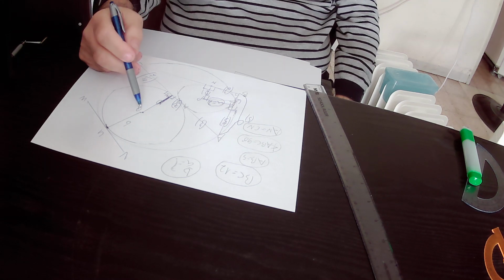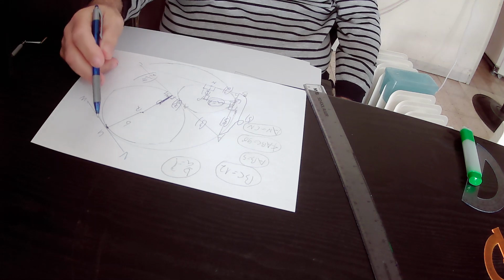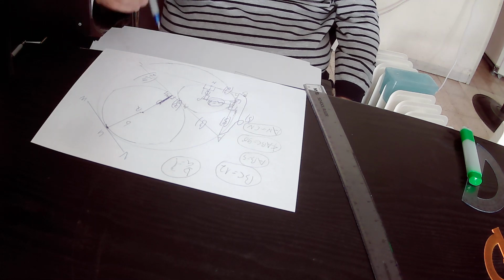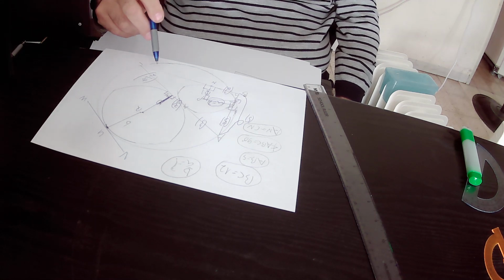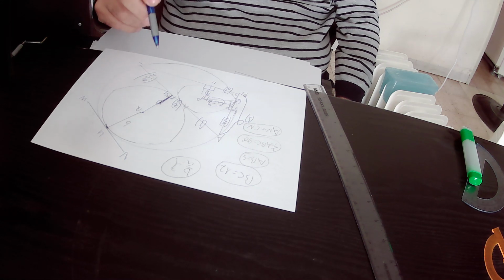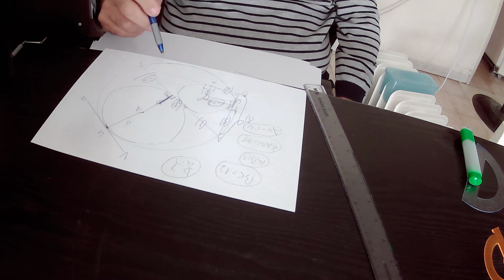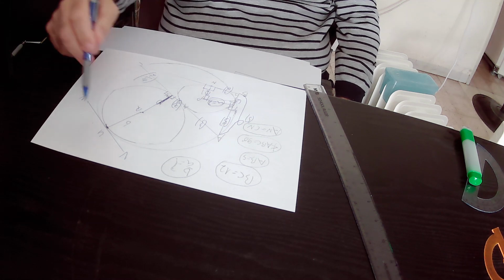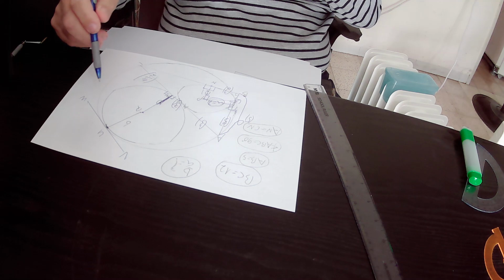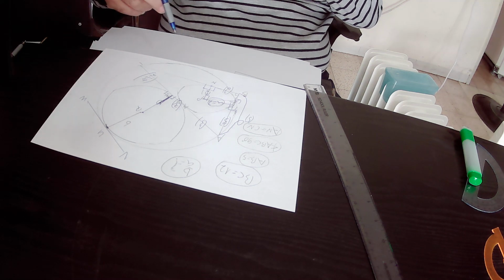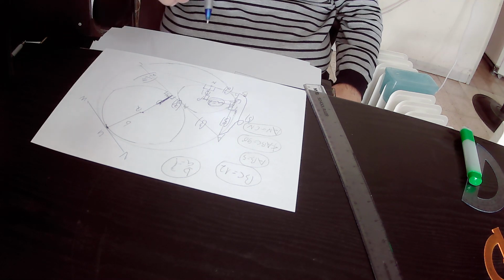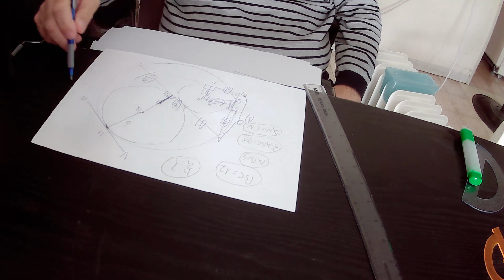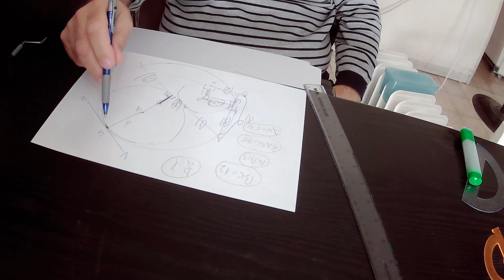So point Q is the center of this circle. Point U is a point on the circle itself. Therefore, QU is the radius of this circle. The radius QU is drawn to point U, that is the point of tangency of tangent VW with this circle. And whenever you have a radius that is drawn to the point of tangency, then tangent VW will be perpendicular to the radius UQ.